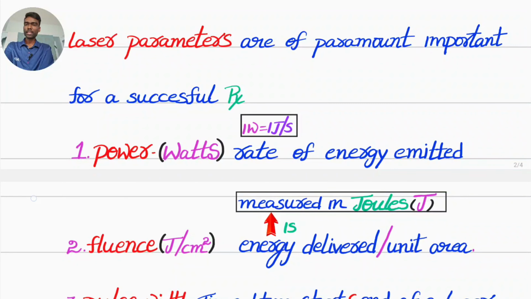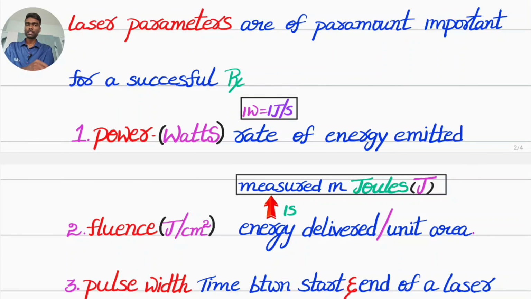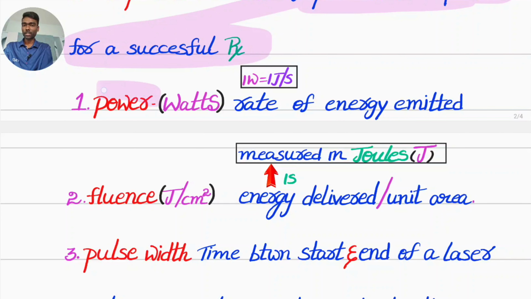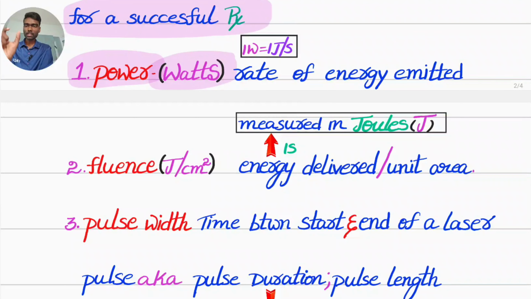Coming to laser parameters, which are of paramount importance for a successful treatment. What are those? First, power, measured in watts. Wherever you see the word watts, it is representing power. It is the rate of energy emitted. We will have a laser machine, and it will have a certain power. That is nothing but the rate of energy emitted.